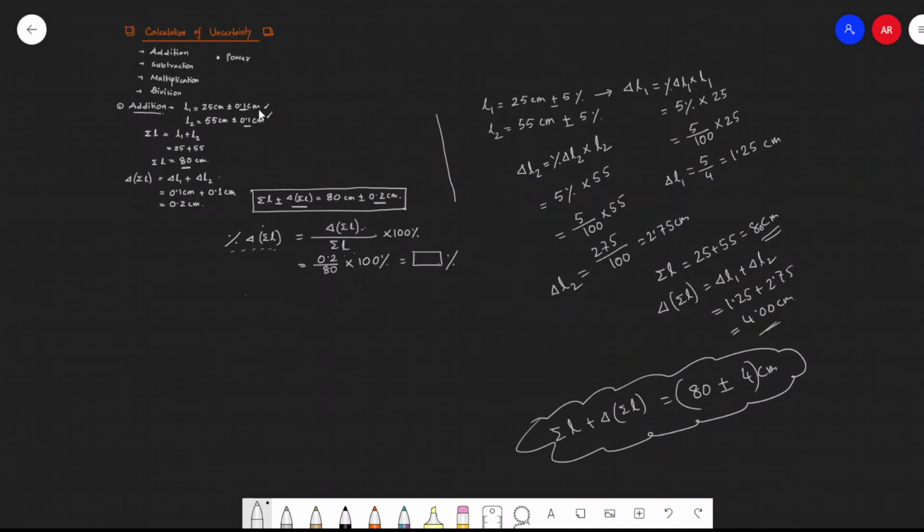If it is not given in terms of the absolute uncertainty, rather it is given in terms of the percentage uncertainty, we have to make the absolute uncertainty from this equation, and then their absolute uncertainties are simply added up. So this is how we have to do it when we calculate two quantities which are being added, and we are calculating the uncertainty of that summation.